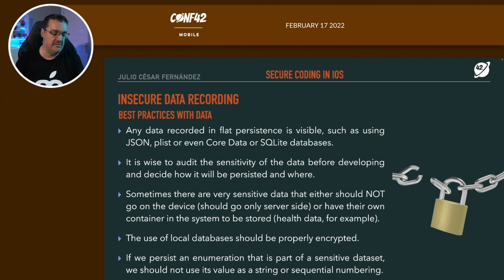It's your responsibility. If we persist, for example, an enumeration that is part of a sensitive data set, we should not use its value as a string or sequential numbering, okay? If you use an enumeration and you are typing with string, it's more secure to put strings that are not equivalent to its value, okay?